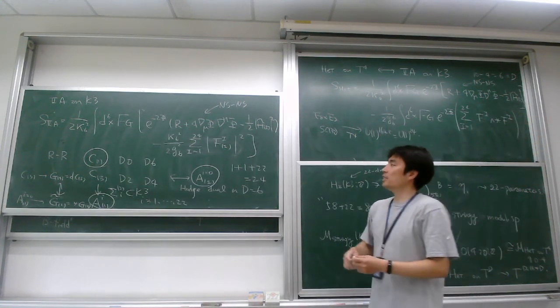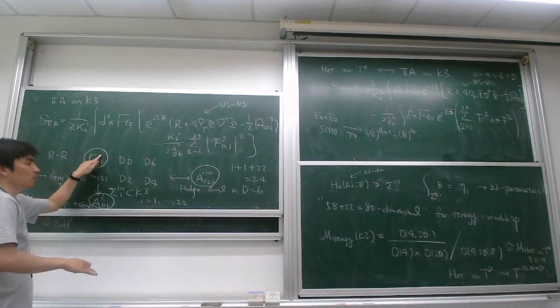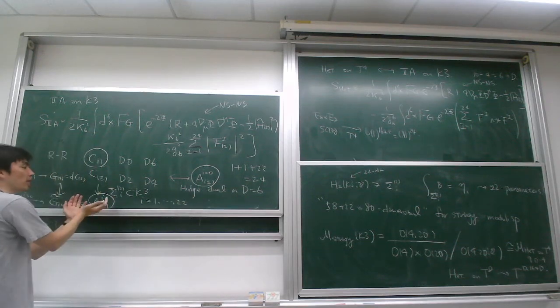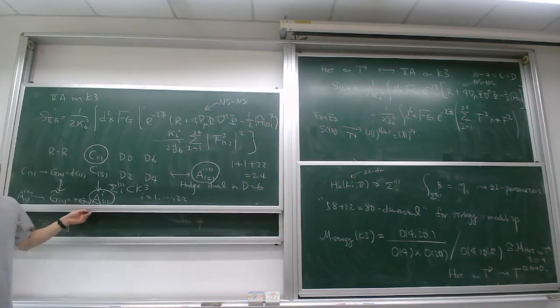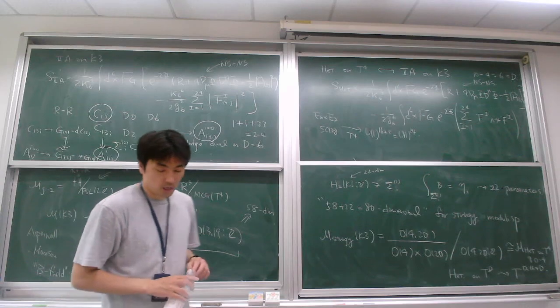And this F^I really comes from the Ramond 1-form, the Hodge dual of the Ramond 3-form, and the compactification on 2-cycles of the 3-form. So that's how you see the duality between type 2A on K3 and heterotic on T4. Okay, so let's stop here.